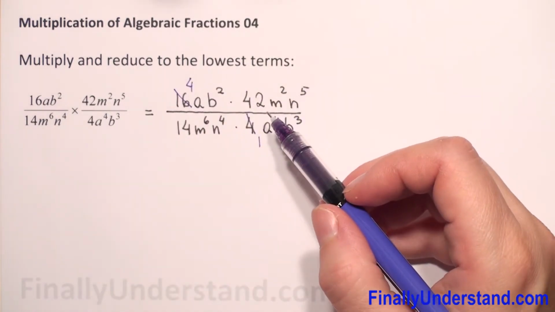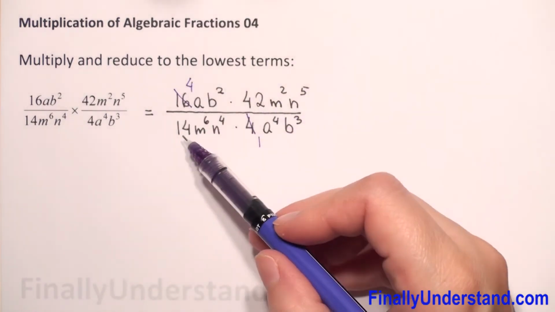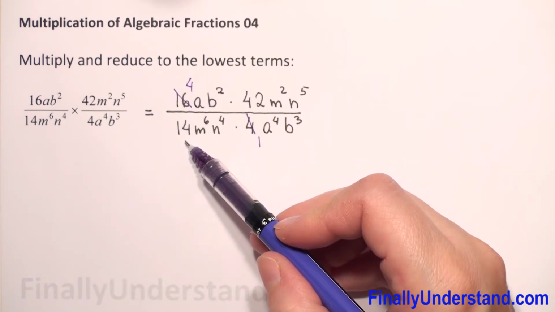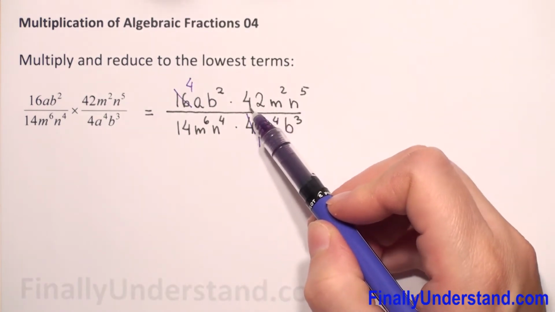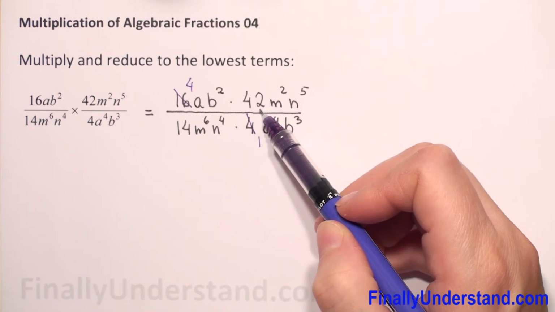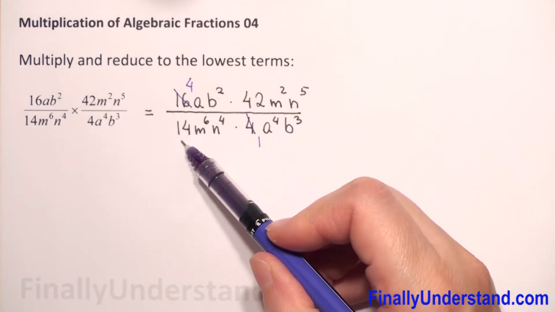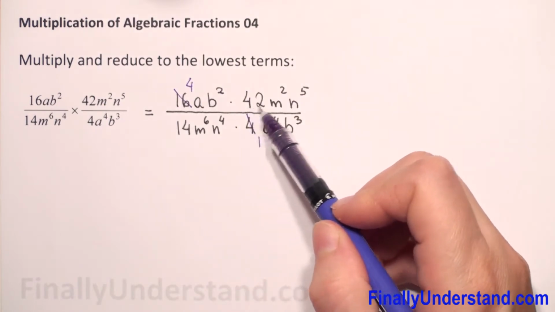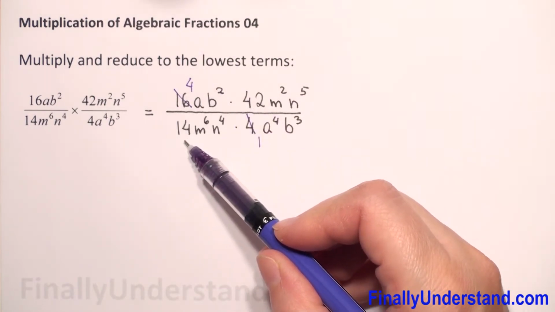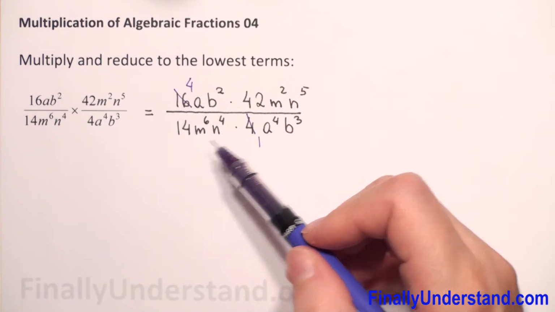Next we have 42 and 14. The greatest common factor for 14 and 42 is 14. But if you don't see it, you can start division from the smaller number which you see. We had at the end 2 and 4, which means these two numbers, 42 and 14, you can divide by 2.